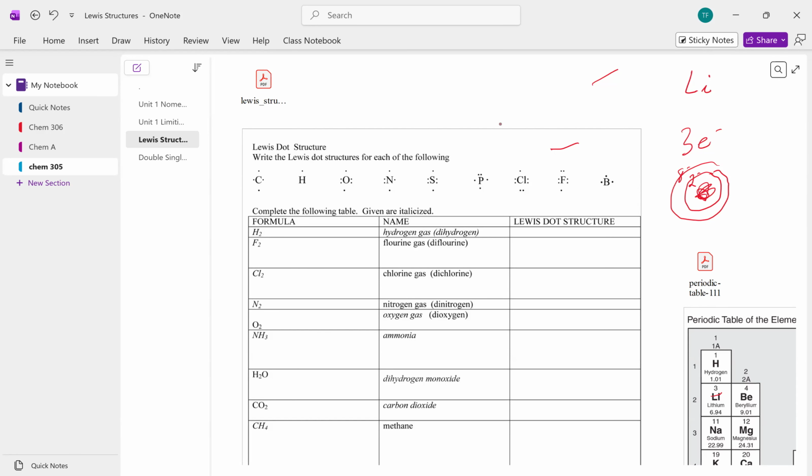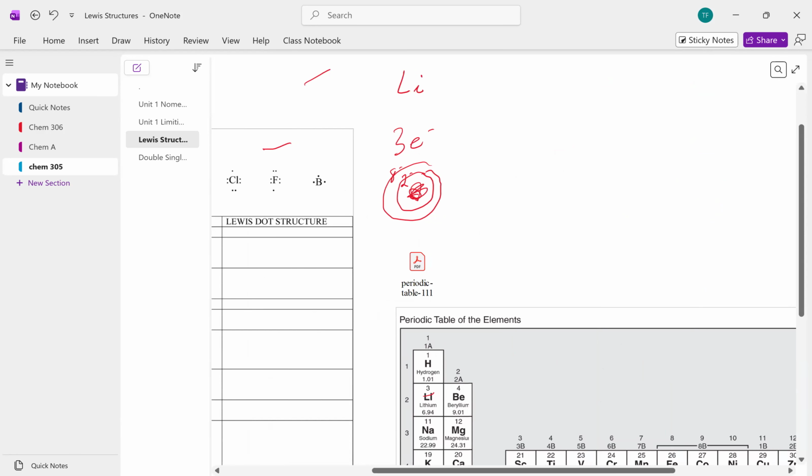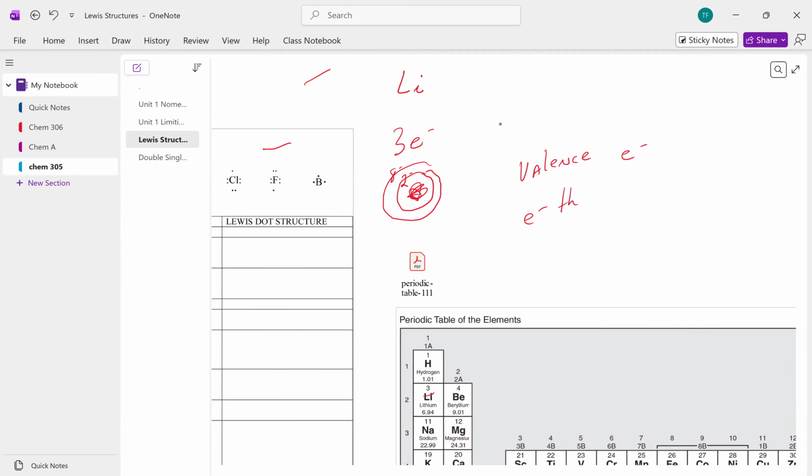So valence electrons are electrons that are in the outermost orbit. So in lithium's case, there are 2 electrons here.